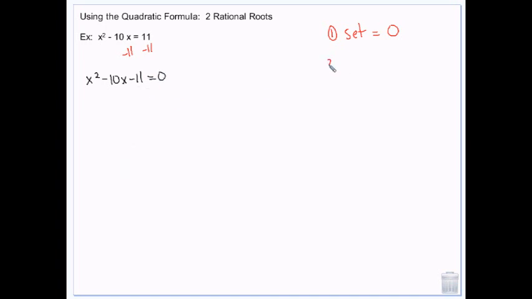Okay. Number 2, we need to identify A, B, and C. So if there's no number there, A is 1, B is negative 10, and C is negative 11. Don't forget those negative signs if they're there, okay?